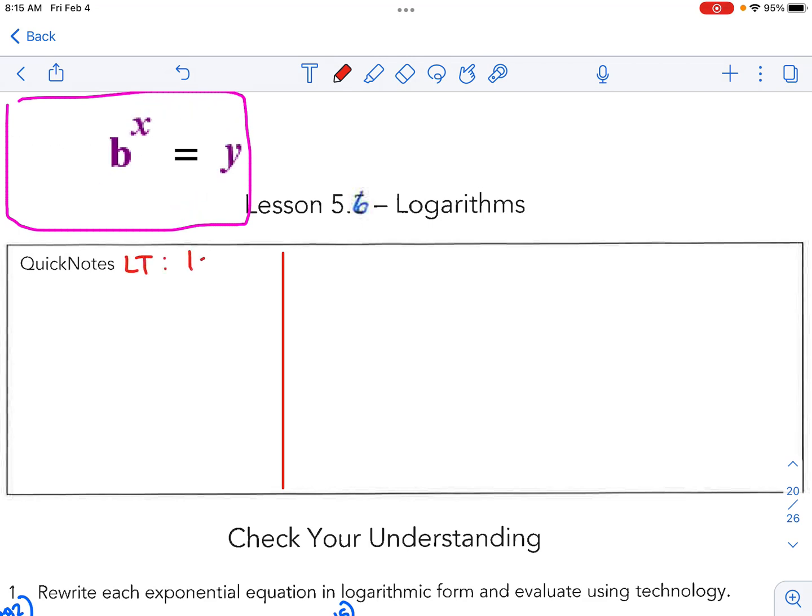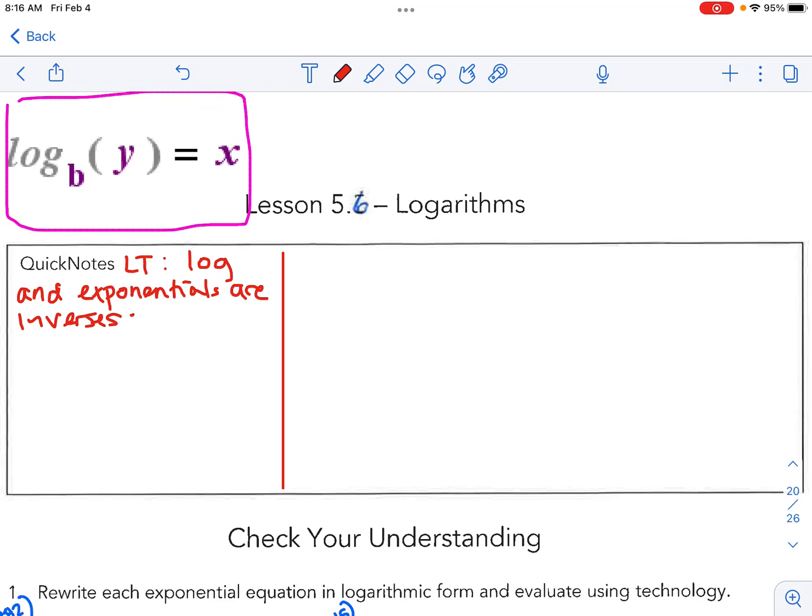So the first learning target is that the logarithmic function and exponential function are inverses.